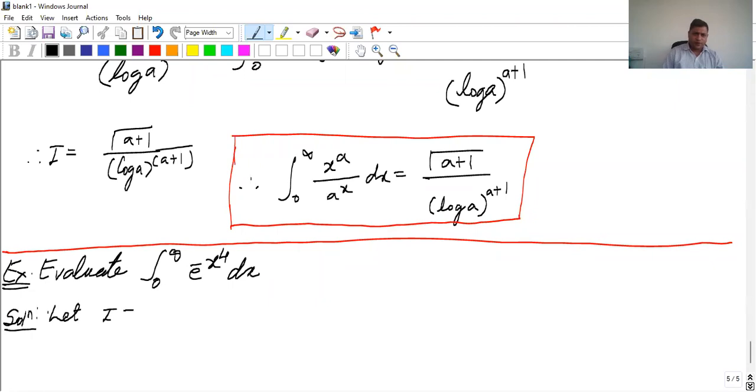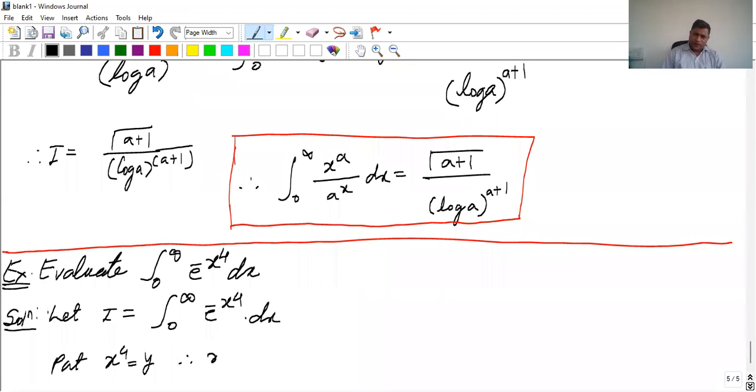Let I be the integral from 0 to infinity of e raised to minus x raised to 4 dx. Now what is our target? The power of the exponential function should be only minus variable. So that means x raised to 4 has to be placed as a variable. So what we can do is put x raised to 4 equal to y.